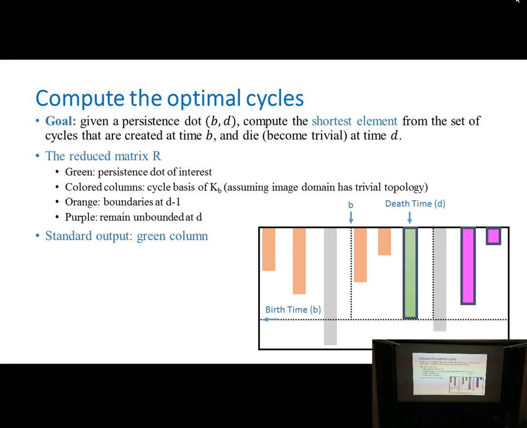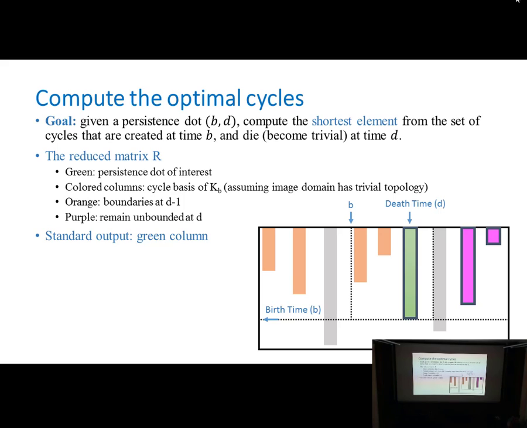Now, if the green one is what we care about, the class we try to localize, you can get a lot of information out of it. First of all, we take all the columns, including the one before it and the ones after it, but only keep the ones that are shorter than it, right?